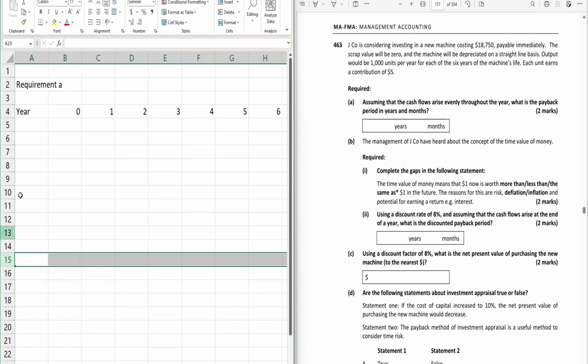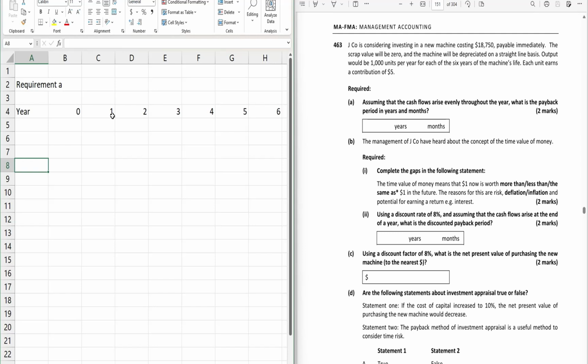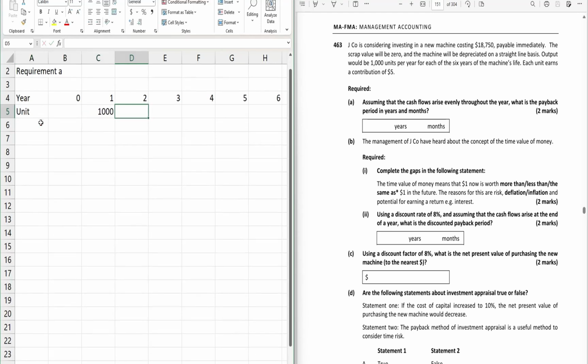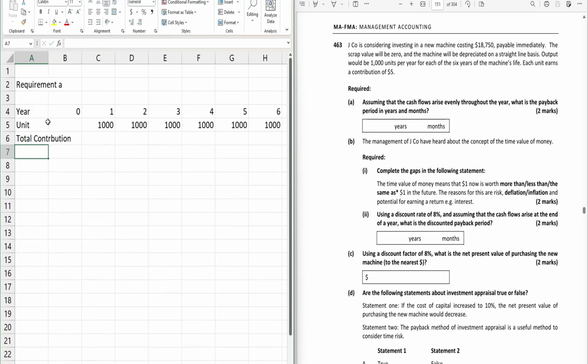The question is saying that the company will earn evenly throughout the year, meaning as the company is producing an output of 1000 in each year. I'm just copying and pasting this information, and the total contribution is 5 per unit.